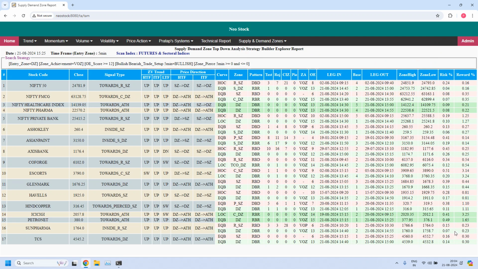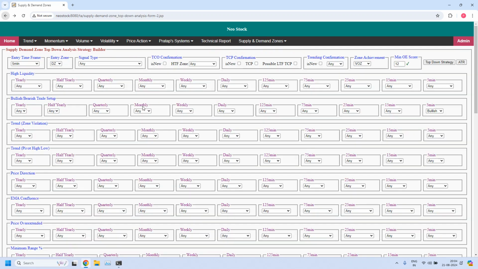We have 17 stocks filtered. These 17 stocks are currently supporting bullish trade setup for hourly income trade. Now we will verify how many of these stocks are having confluence with 15 minutes time frame, that is ITF time frame.